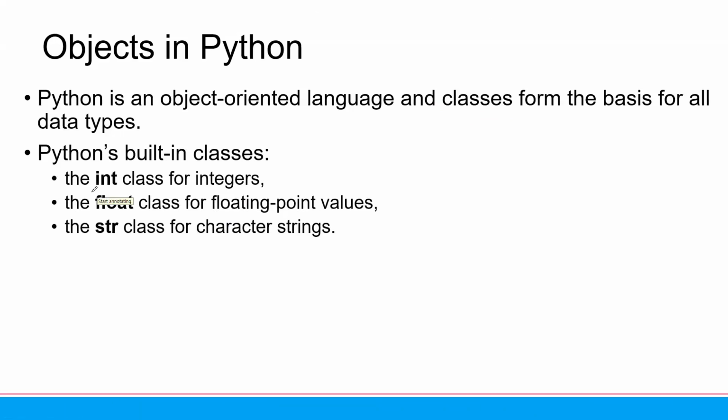We have the int. It is for integers. We call it the class int. And then we have the float class for floating point values. And we have str class for character strings. Do you still remember what is integer?